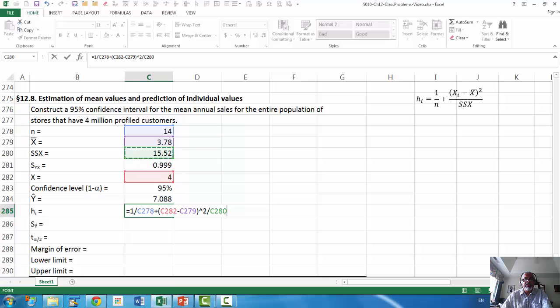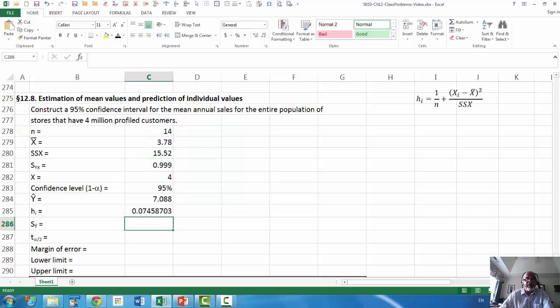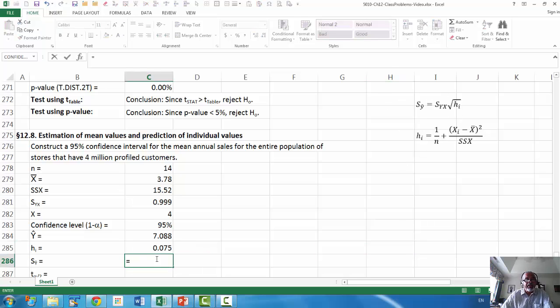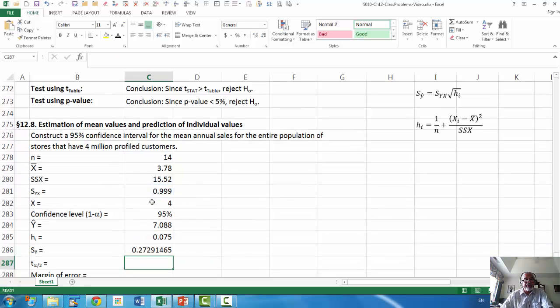So that will give us the h sub I value. So now we can set up s sub y hat. S sub y hat is right here, which is s sub y given x times the square root of h sub I. So that's the standard error of y hat.